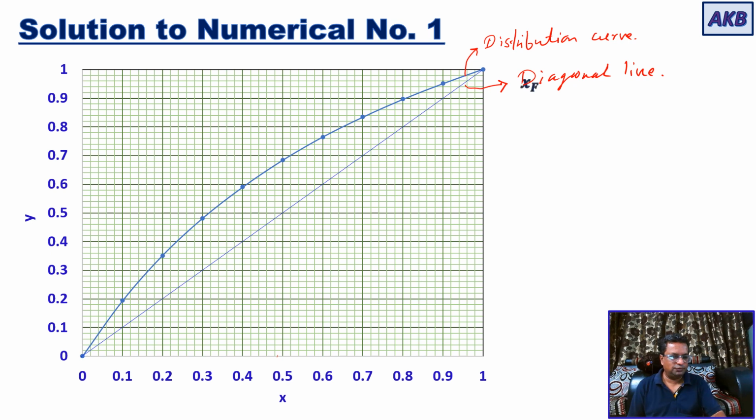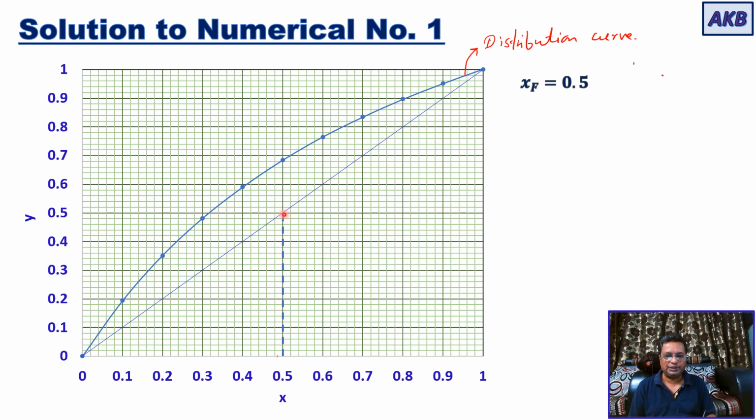Now xf is given to us. xf is 0.5. The operating line for flash distillation will start at xf. So the operating line will start at 0.5. I get a point where xf, or x, is equal to 0.5.